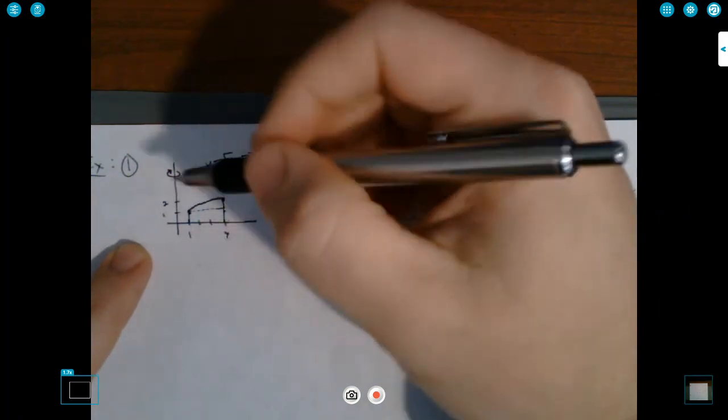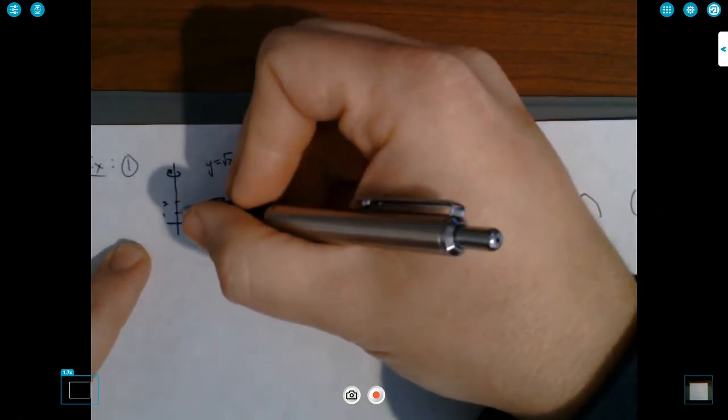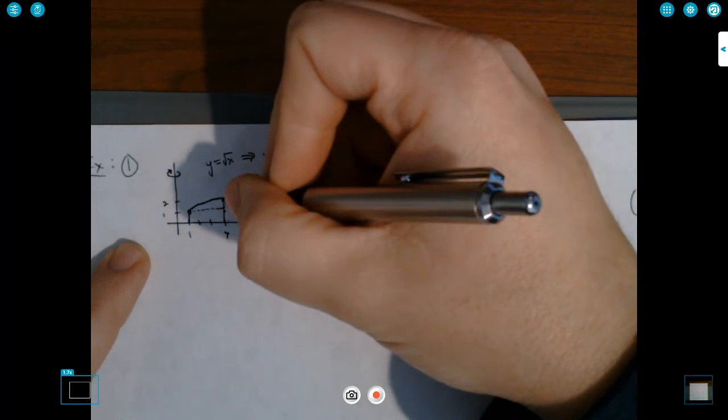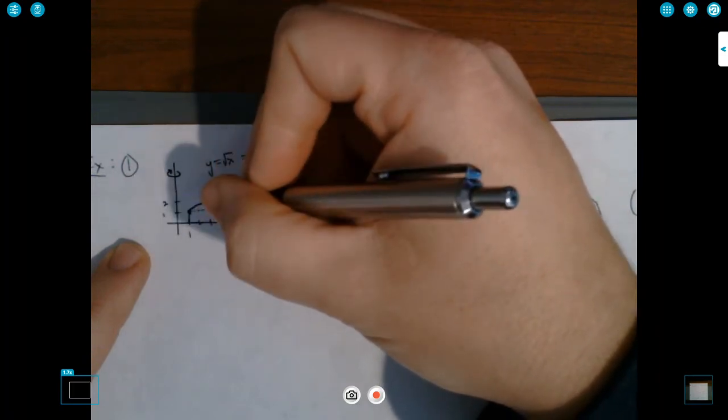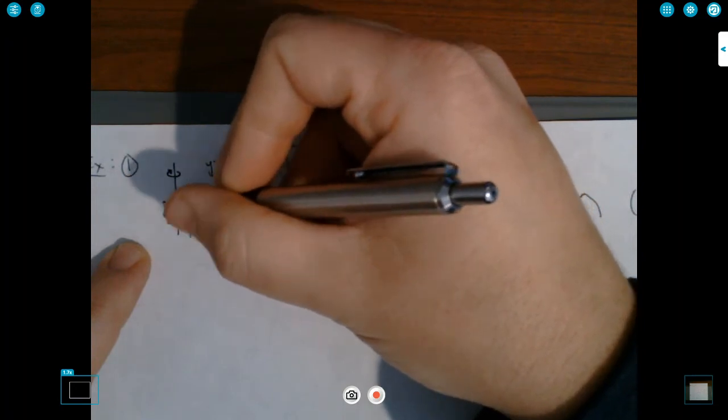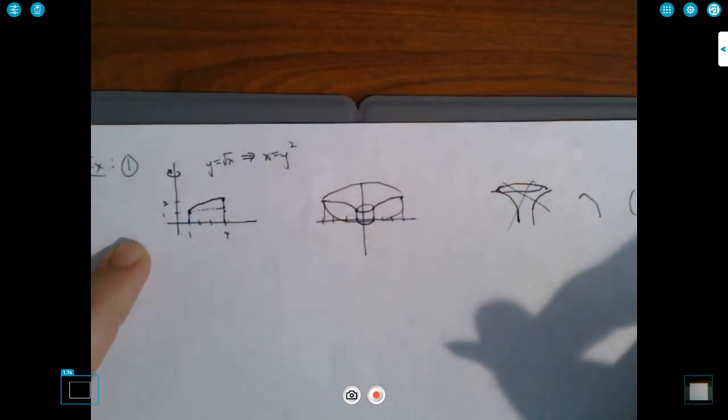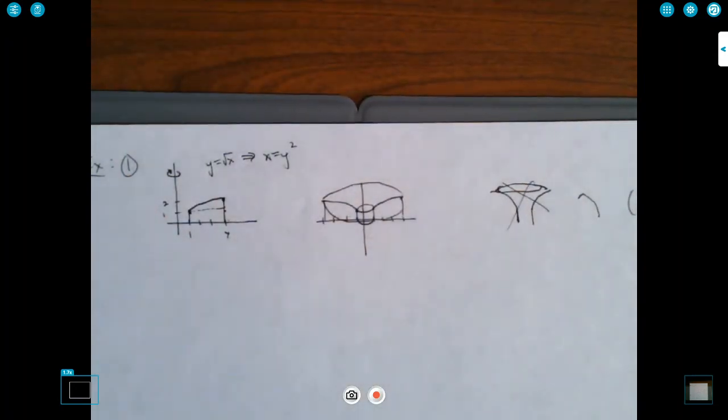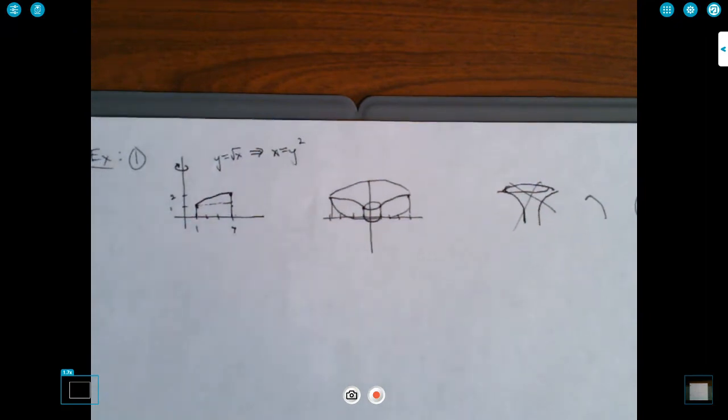But then for this one, you would integrate from 1 to 2. You would want to do 4 minus y squared, I think. Anyway, that's how you would do it using discs and washers. But let's do this using cylindrical shells.